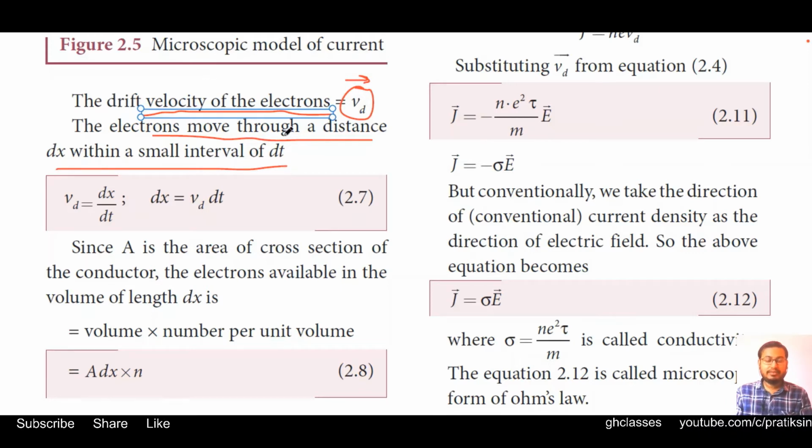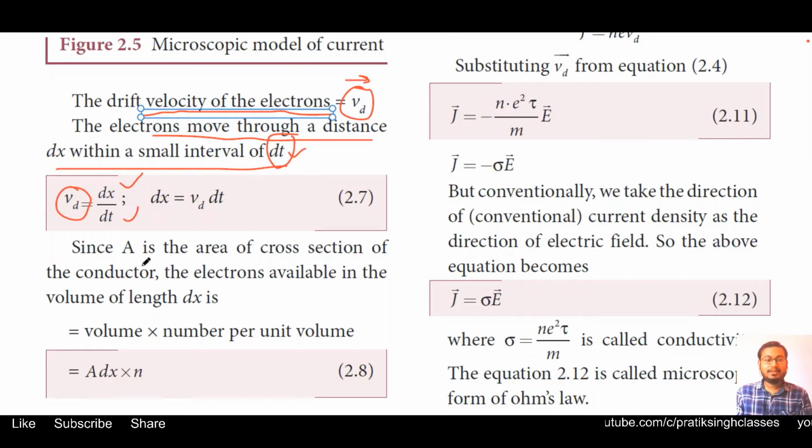The electrons move through a distance dx within a small interval of dt. As we have seen in our previous slide, the electrons move from the first region to the second region, that distance is dx, and the time taken by the electrons to move from the first to the second region is dt. So we can write Vd is equal to dx by dt.